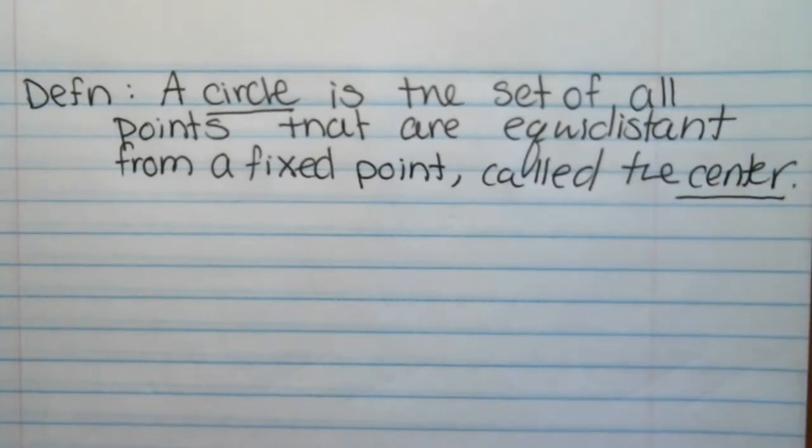So the precise mathematical definition is that a circle is a set of all the points that are equidistant from a fixed point called the center.